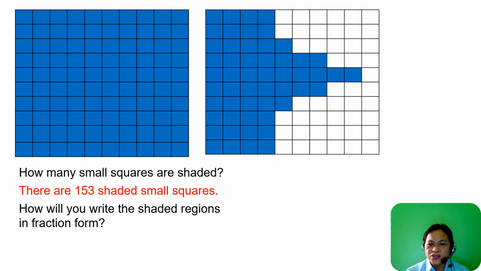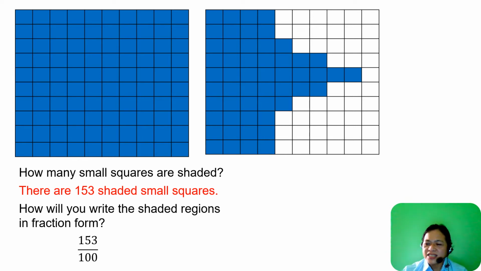And there are also some who answered 1 and 53 over 100. So you can write the shaded regions in fraction form as 153 over 100. Or you can also write it as 1 and 53 over 100.